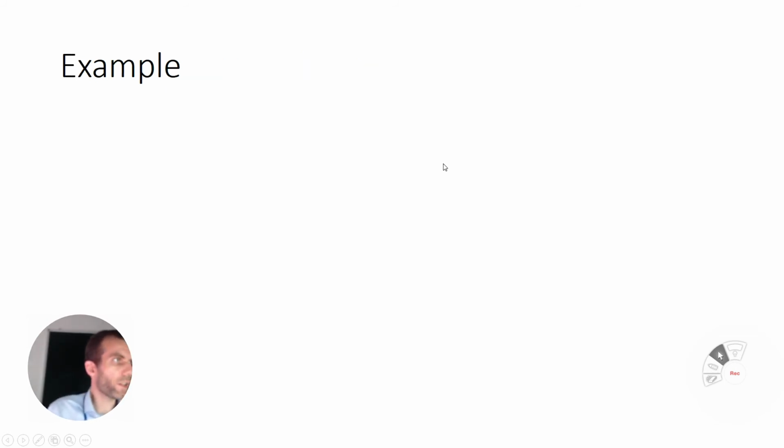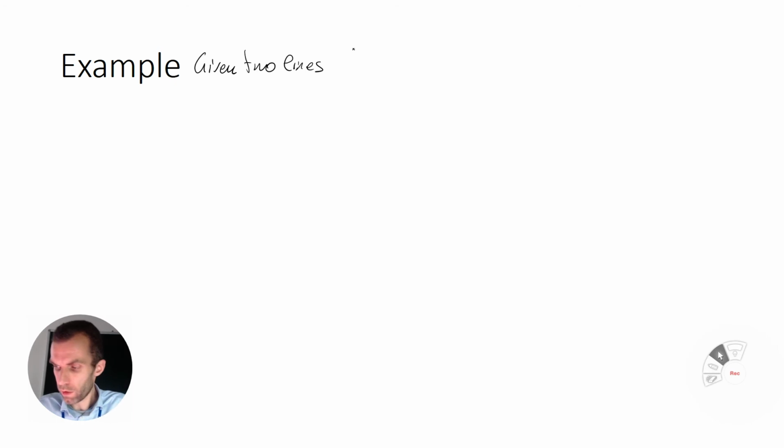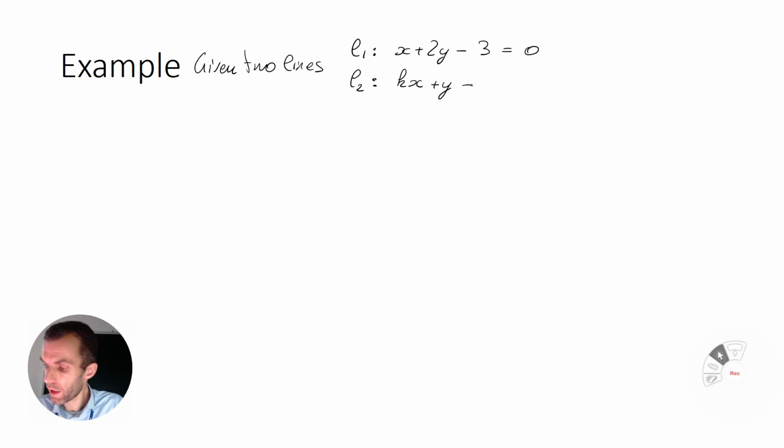So let's look at an example of that to get that in our fingers. So we'll take two lines. The first line has the equation x plus 2y minus 3 is equal to 0, and the other one is k times x, where k is going to be some unknown parameter, plus y minus 5 is equal to 0.